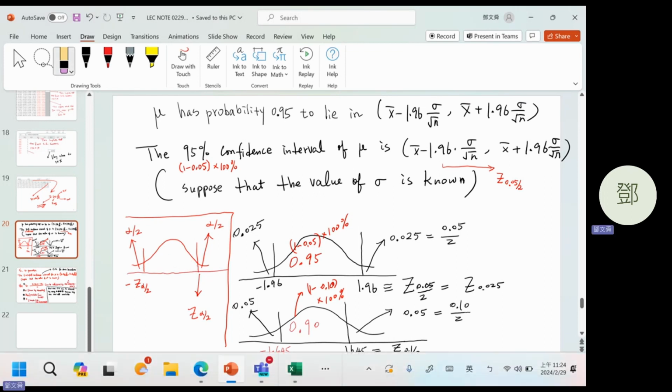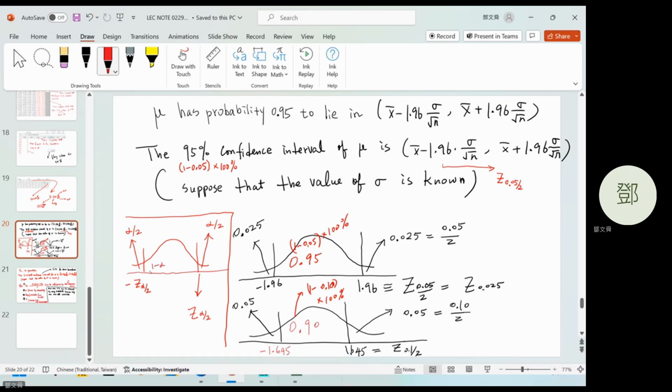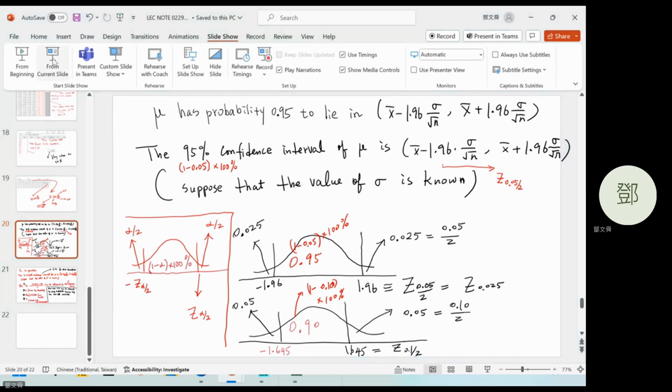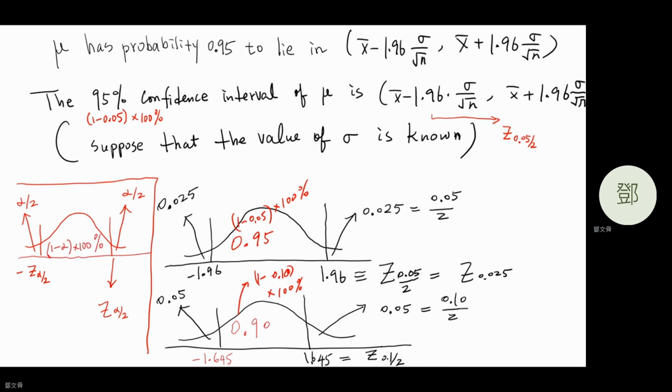If it is 90%, then alpha should be 0.10, and then this one should be 0.10. If this is 0.05, then this is 0.05. This figure shows how we can generalize.